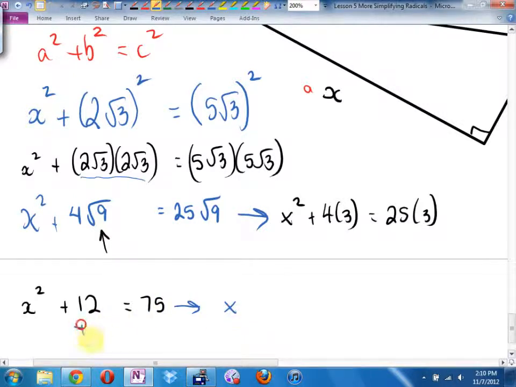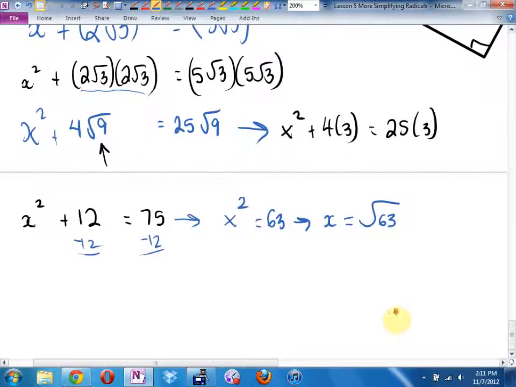You're going to go minus 12, and you're going to get x squared equals 63. How to get rid of a squared? Can I break 63 down further?